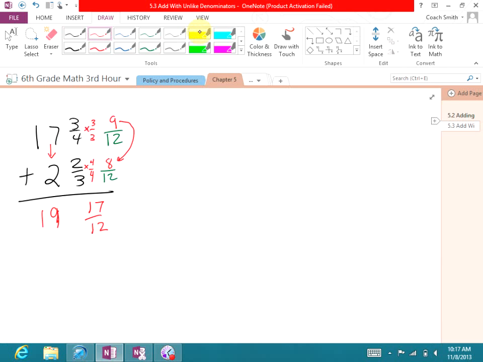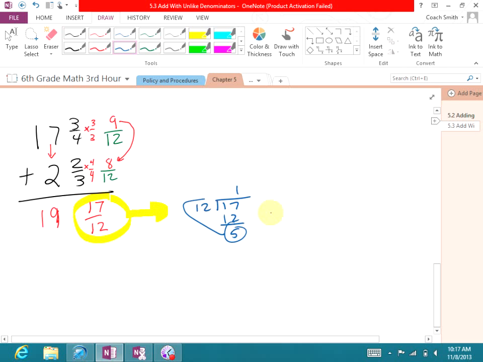Now, we are not done. This is an improper fraction. So I must take and go 12 into 17. Goes one time, 12, remainder 5. Take the 5, put it over the 12. So that is 1 5/12.